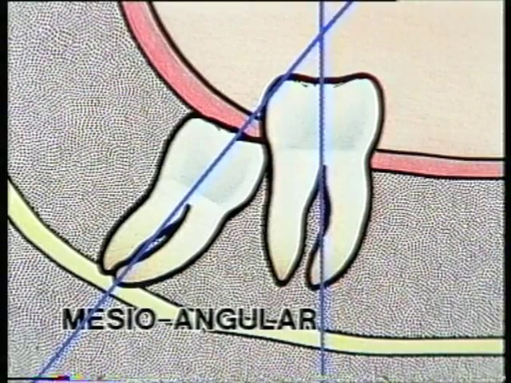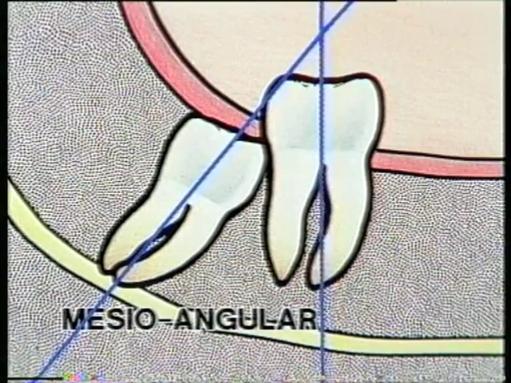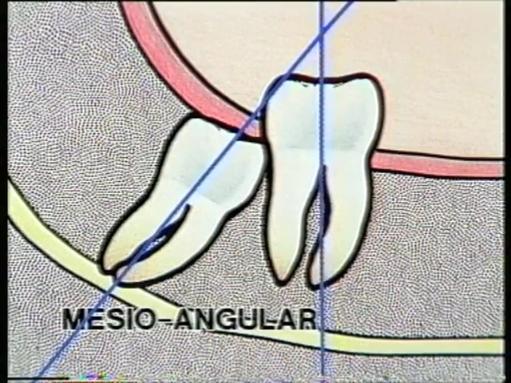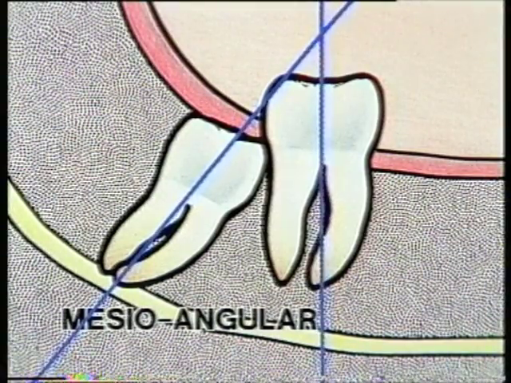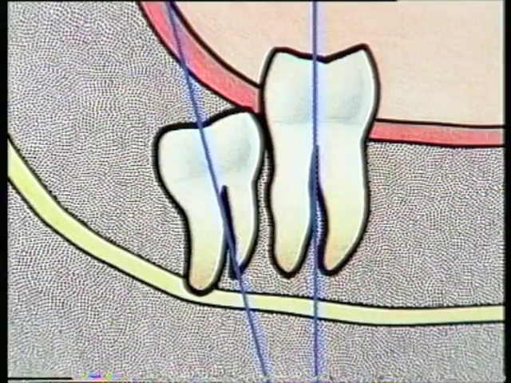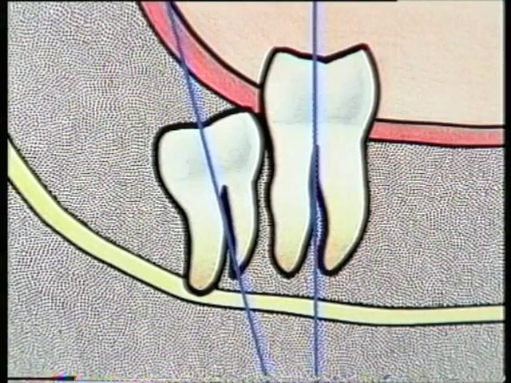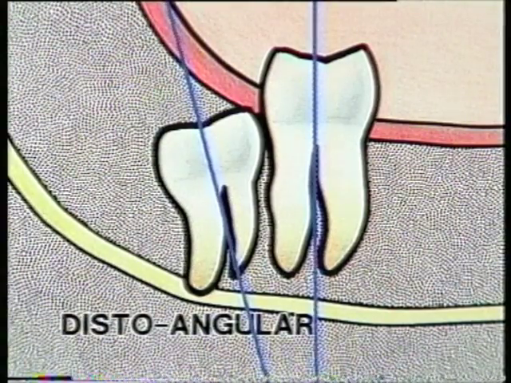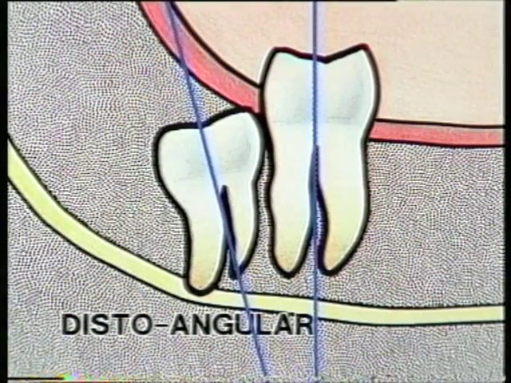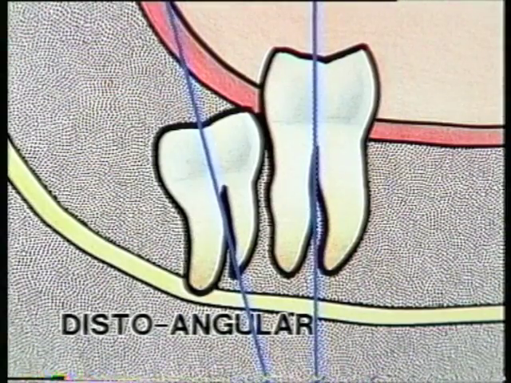In the mesioangular impaction, the long axis of the third molar is tilted mesially towards the second molar. The 4th type is the distoangular impaction, and as you must suspect by now, the long axis of the third molar is tilted distally away from that of the second molar.